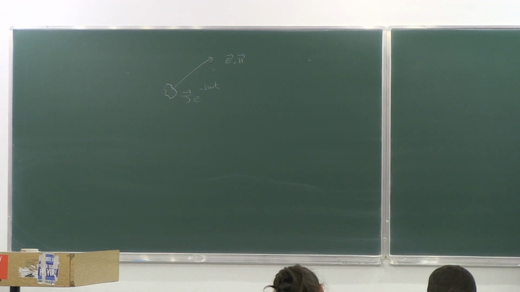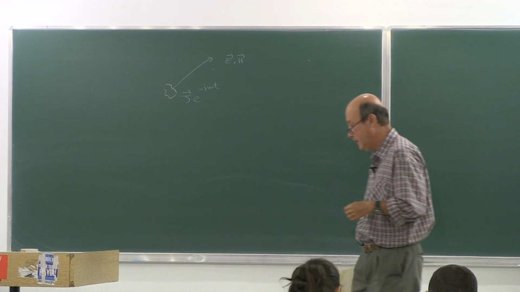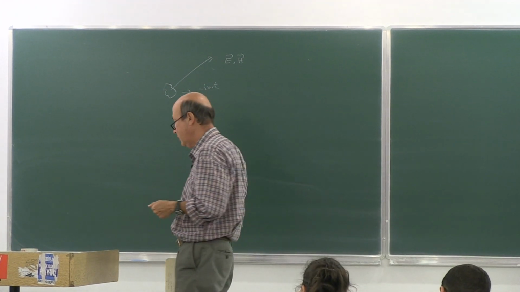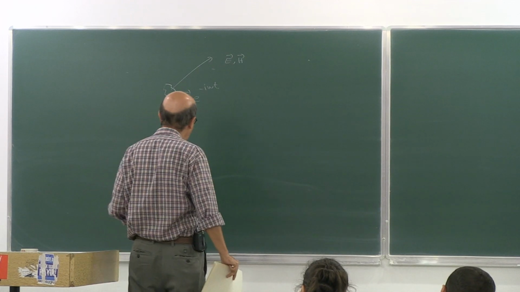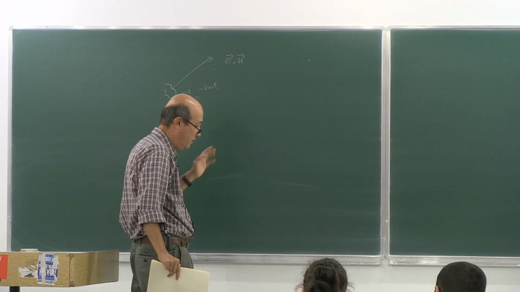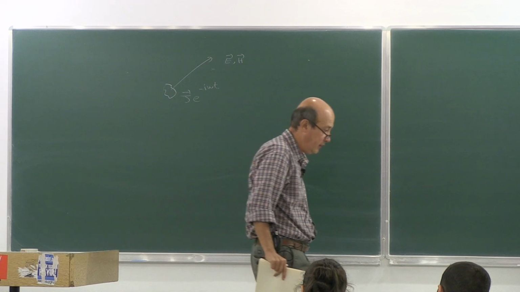So what tools do we have? We have the vector potential. So knowing the vector potential, we can calculate the H field, and using Maxwell's equations, Faraday's or Ampere's law, modified Ampere's law, we can estimate the electric field.